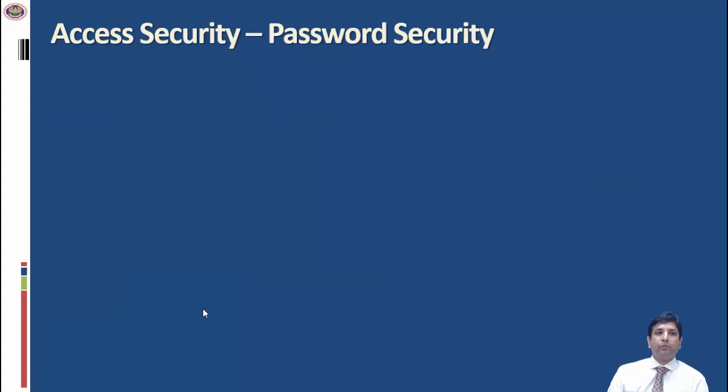So now let us look at the other aspect of security, which is the password security. As we are all familiar, any application that we use requires a user ID and password. However, it is possible that the password can be a weak password. And in case the weak password is used in the ERP or in any other layer of the application security or the infrastructure security, then it could lead to a compromise of the systems.